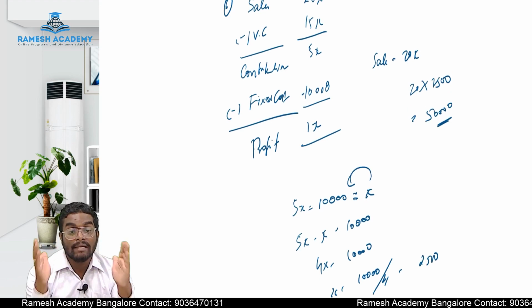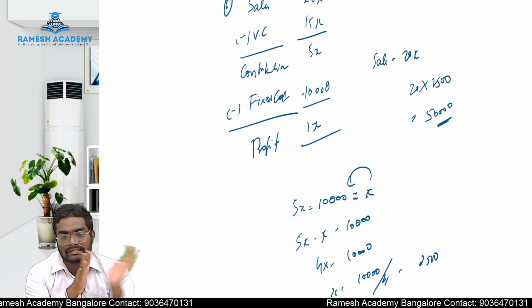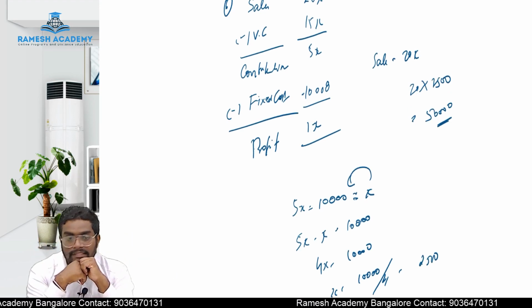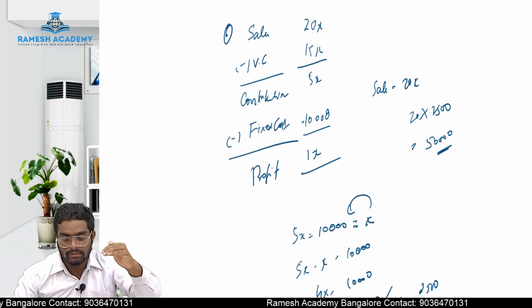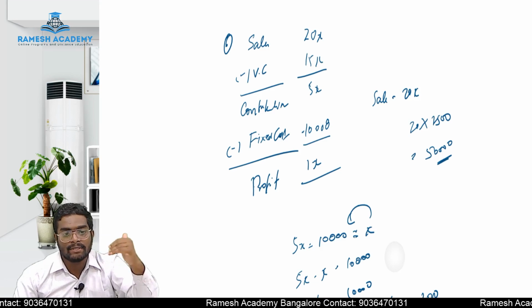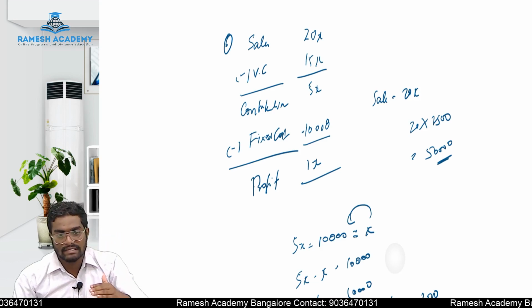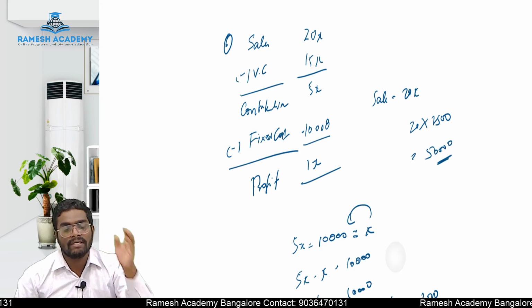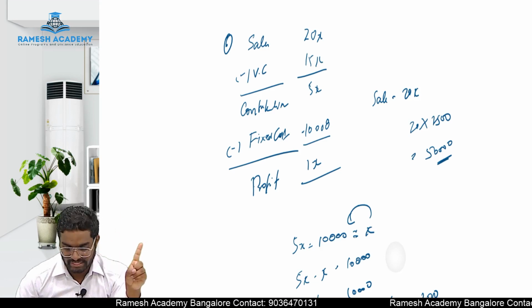So now I am denoting the number of units with X, then calculating the formula. 20X is my total sales price. Then I deducted the variable cost of 15X. I got 5X. I have the fixed cost of 10,000, but my profit is 1X, which means 1 rupee here.